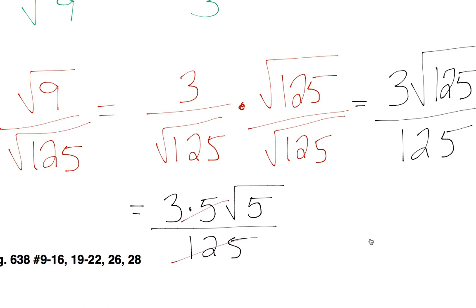And then that cancels out. And we can end with 3 roots of 5 over 25.